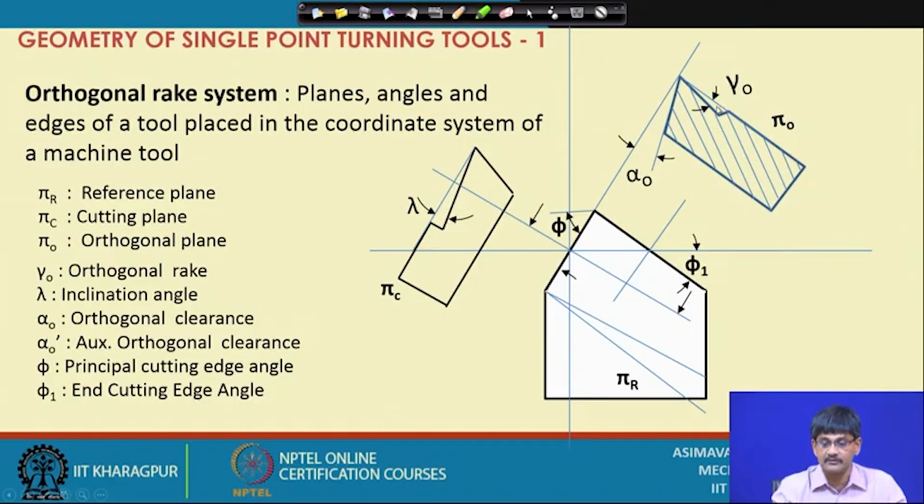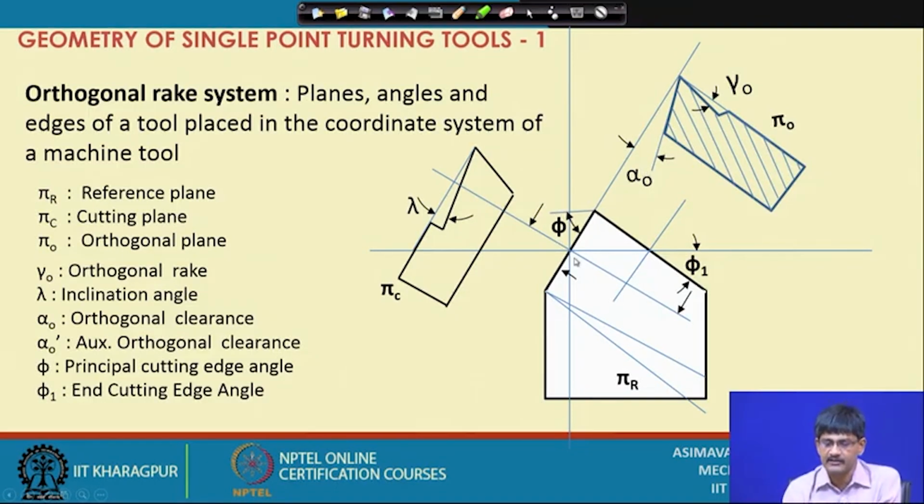One is orthogonal rake and another is orthogonal clearance. So, if you ask me, how is orthogonal clearance defined? It is defined between this plane, which is principal flank, and that plane, which is cutting plane, and the whole thing is measured or considered in the orthogonal plane. That defines orthogonal clearance.